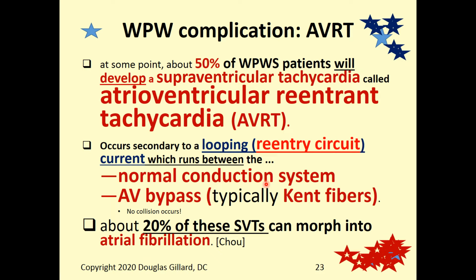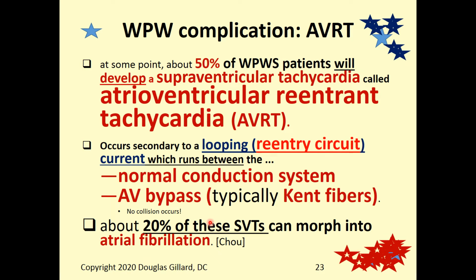The example I showed you had current moving anterograde through there. But if you want a tachycardia, you move backwards through that accessory conduction pathway. And you can get a pretty fast racing heart like that, and we'll explain that here in a second.